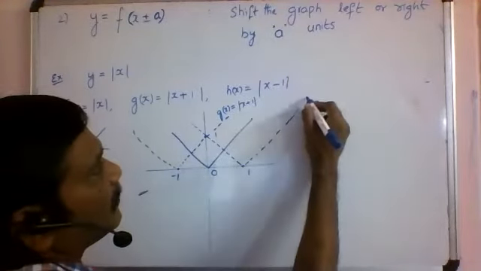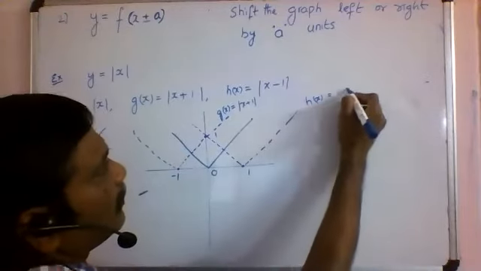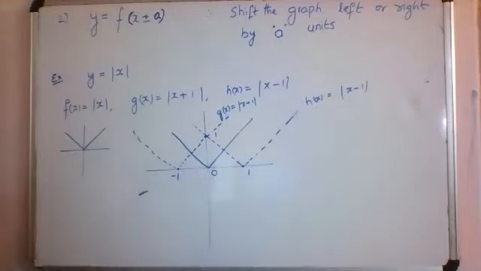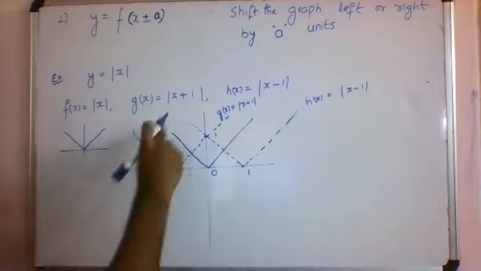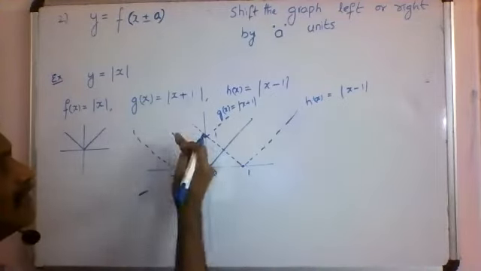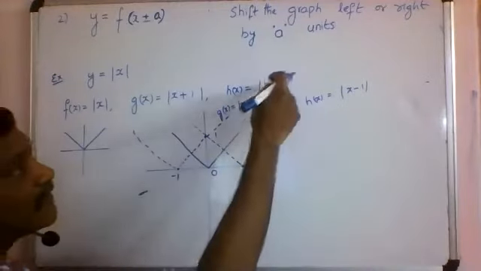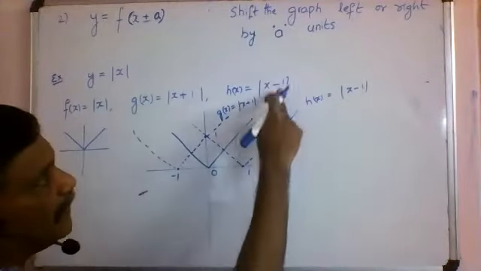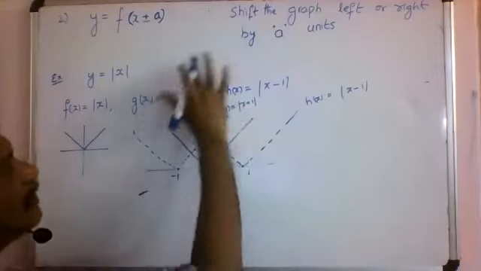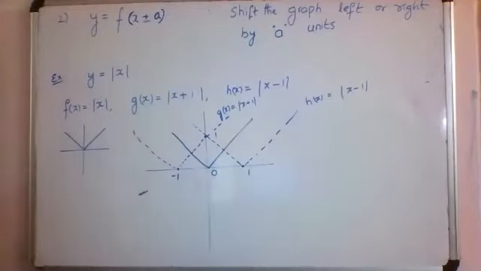This is the graph of h of x is equal to mod of x minus 1. Right? So this is the original graph. And this is mod x plus 1, this side, shifting towards left. And mod x minus 1 means shifting towards the right by 1 unit. So each and every graph is in this. Copy down. I hope you are understanding.